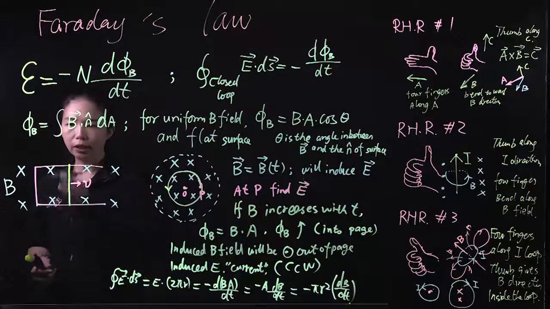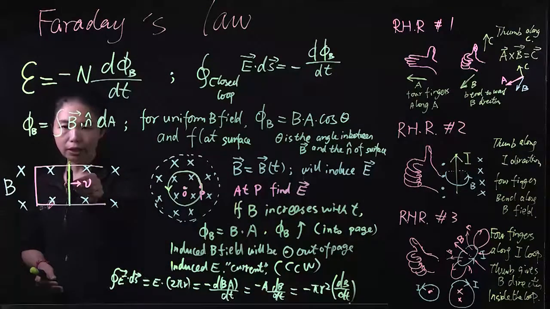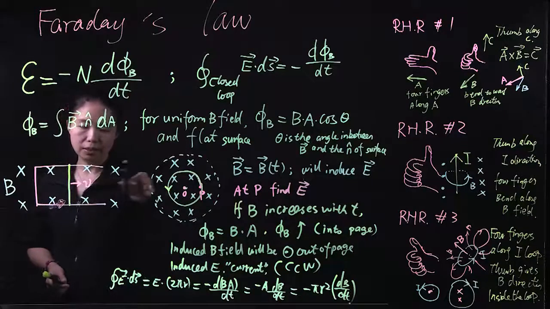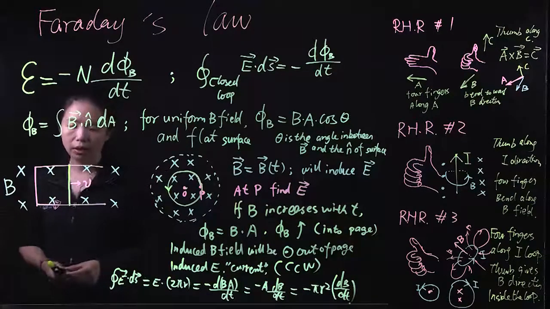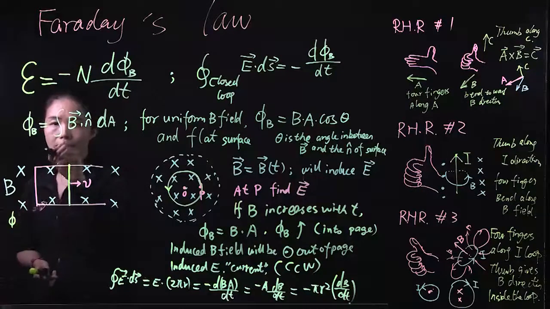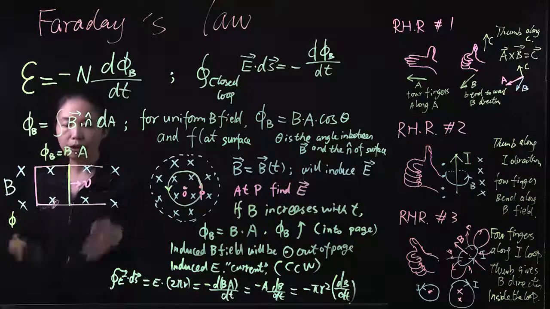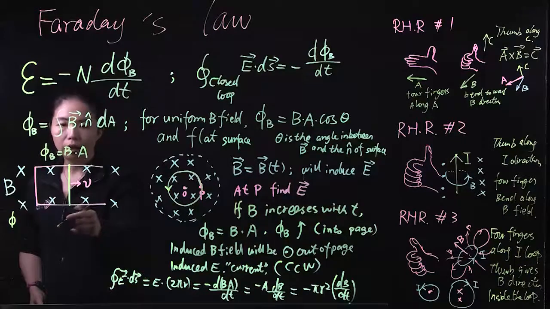Similarly, we can also do something here. If we have a conducting wire arranged this way, and then we have another conducting wire touching that, but moving with a constant velocity v in that direction. What's going to happen? Let's look at the flux. The flux phi B equals B multiplied by the area, with uniform B field into the page multiplied by this area.